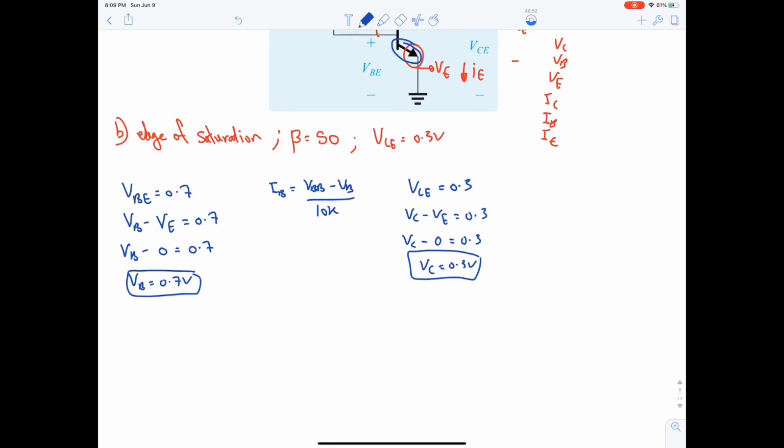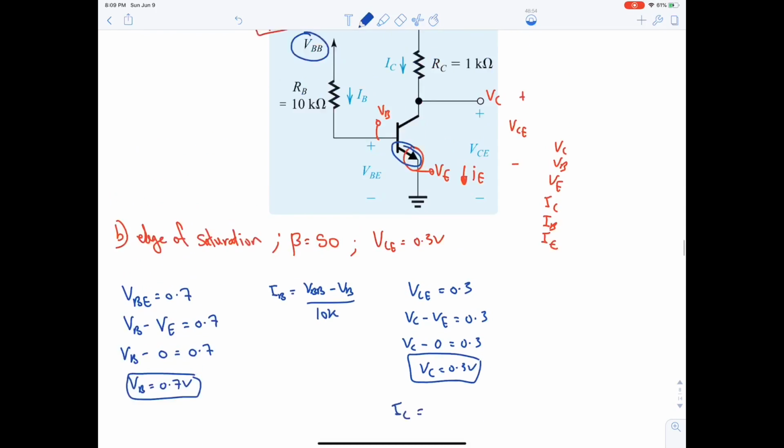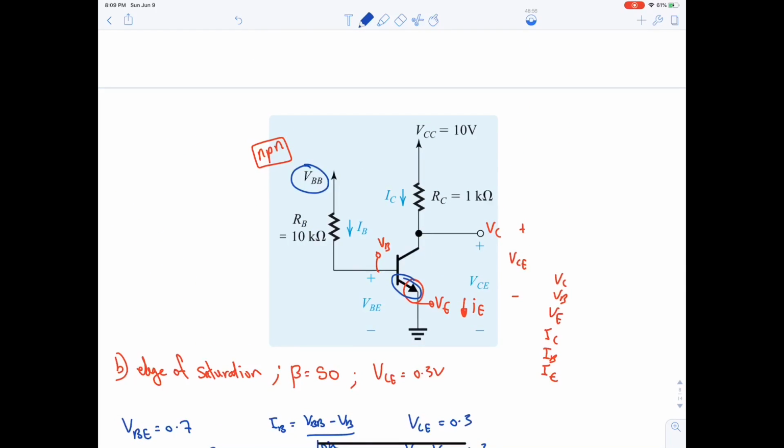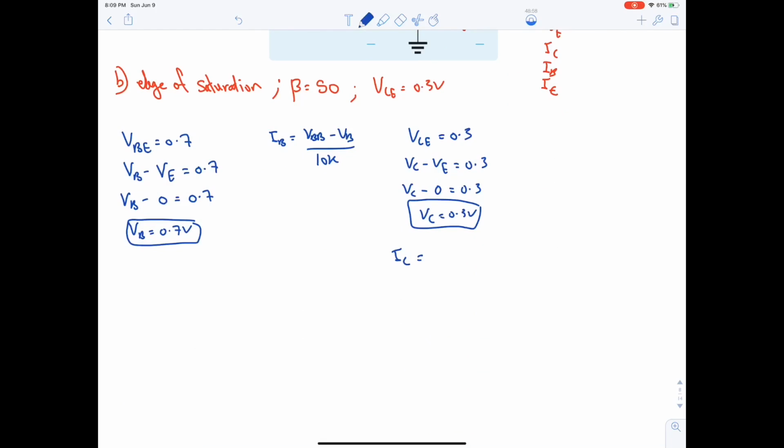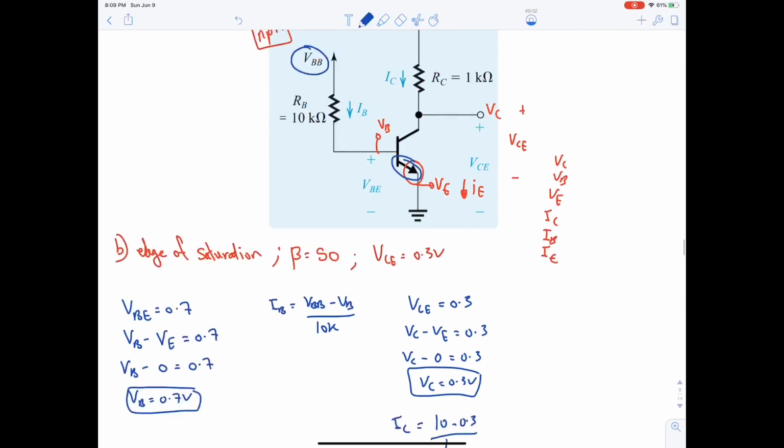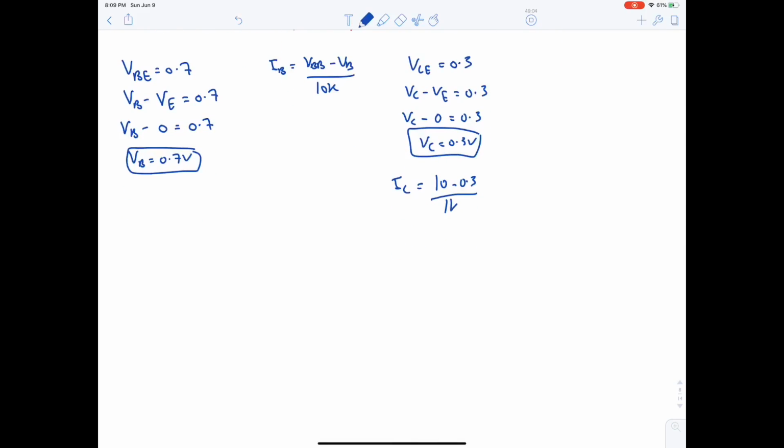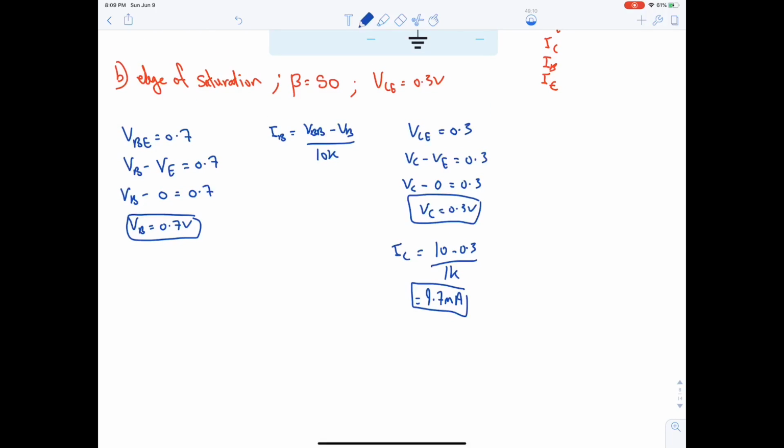Now let's find IC. IC is equal to Ohm's law, which is 10 minus VC over 1K. 10 minus VC, which is 0.3, over 1K. This will give us 9.7 milliampere. After finding IC, we can find IB because of this equation.